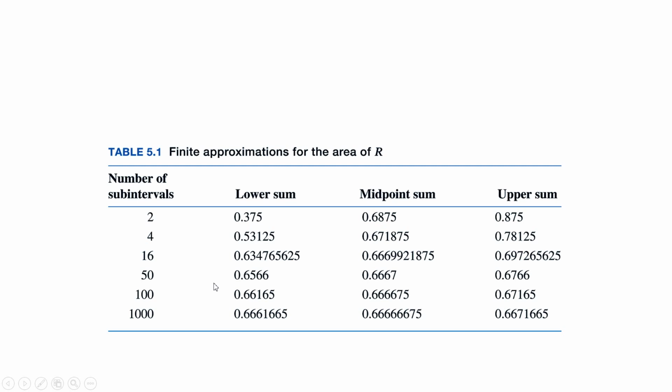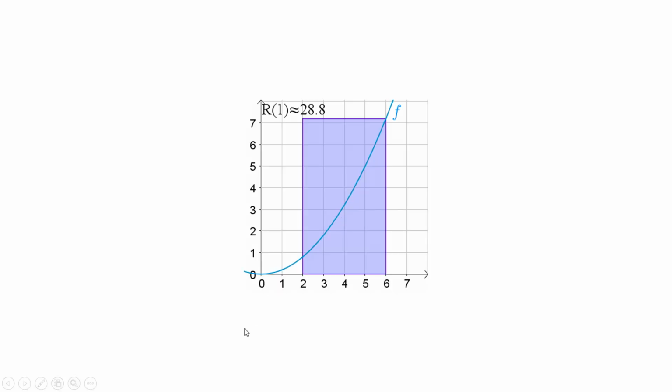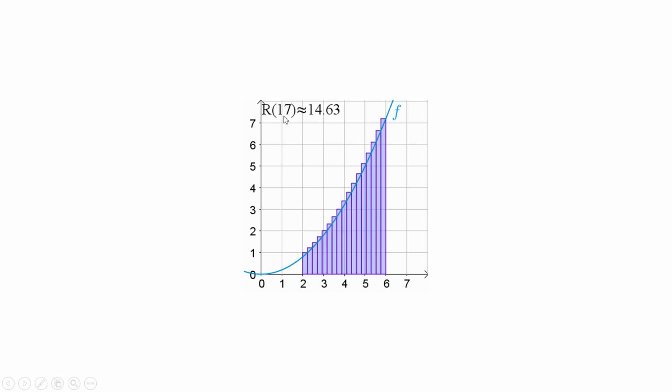So here is the table which shows different numbers of subintervals. If we choose different numbers of subintervals, what is the value of the lower sum, midpoint sum, and upper sum? So this is how it works. As we increase the number of steps, that is, as we decrease the value of delta x, the approximation gets better, right? If we increase the number of rectangles, the approximation gets better.